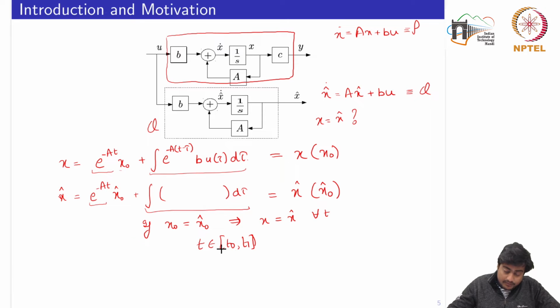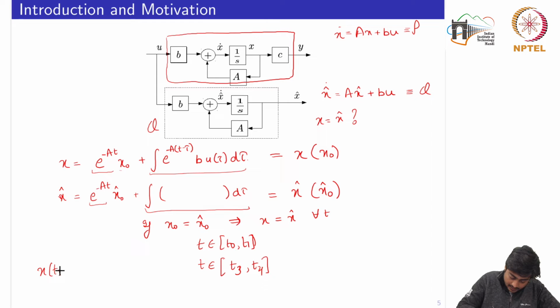So for example, if I need a continuous estimate for another time window, let's say t1 comma t2 or t3 comma t4, then again I need to compute this initial condition x hat at t3, so that I can ensure that x at t3 is actually equal to x hat at t3.